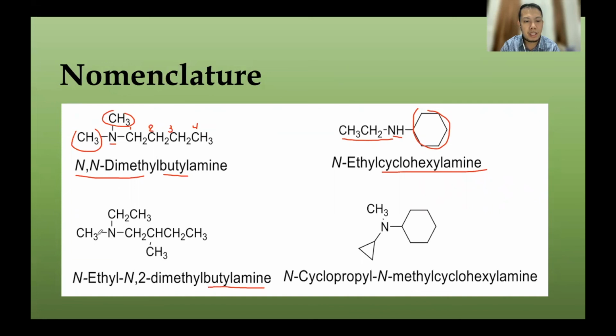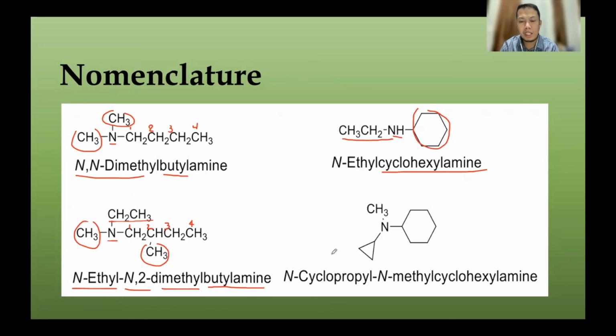You have here N-ethyl, then 2-methyl. One is found on N, one is found on the second carbon. This is 1, 2, 3, 4. That's why it is N-ethyl-2-methylbutylamine.